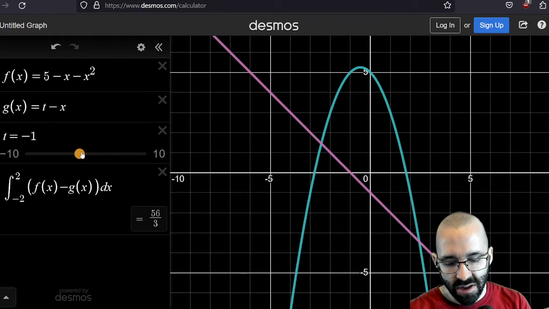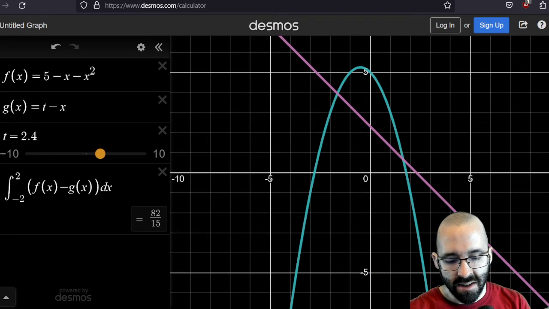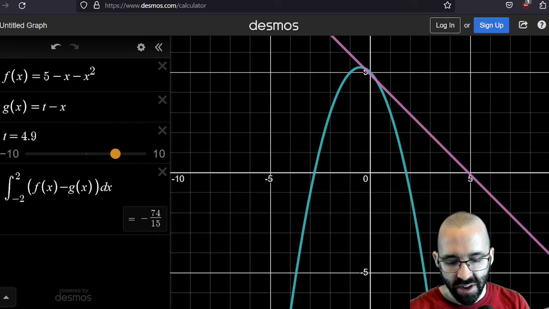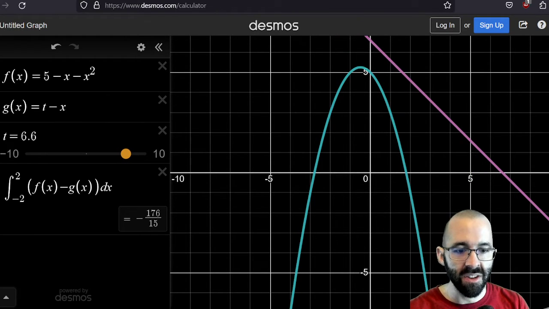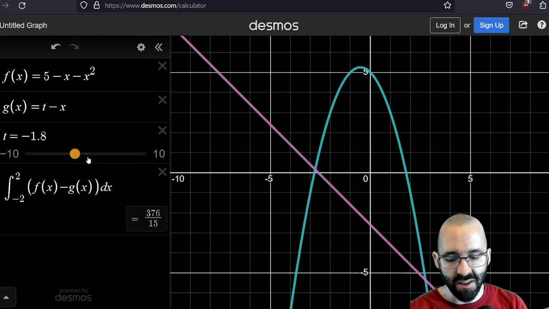It's changing. So the smaller t is, the bigger this area should be, right? And the bigger t is, the smaller the area between the curves gets. And when t is 5, there's no area. When t is bigger than 5, now there's not an enclosed region anymore. That's why we have t be less than or equal to 5. So we're going to solve and find this area for any value of t.